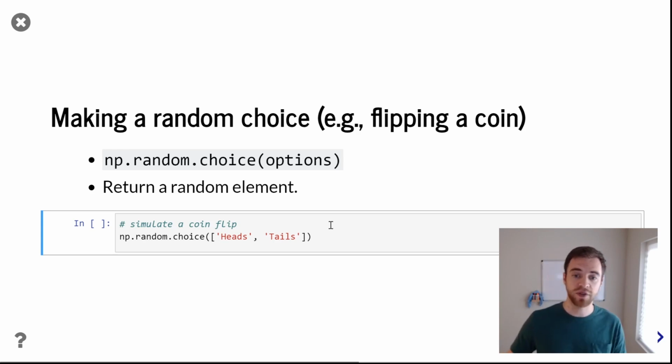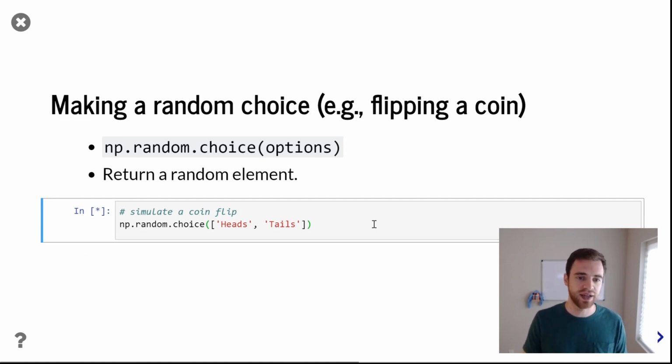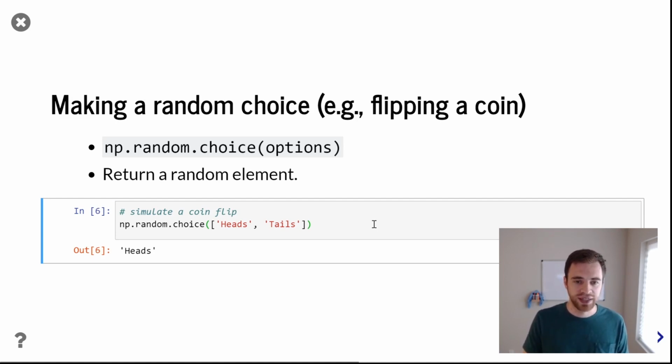So for example, I want to flip a coin. The two outcomes are heads and tails. So I say, okay, numpy.random.choice. I give it a list here. You can give it an array as well of possible outcomes, and it'll select one. Heads in this case. If I run this again, I get heads, tails finally, then heads, getting lots of heads there, which, I mean, randomness sometimes doesn't look random.